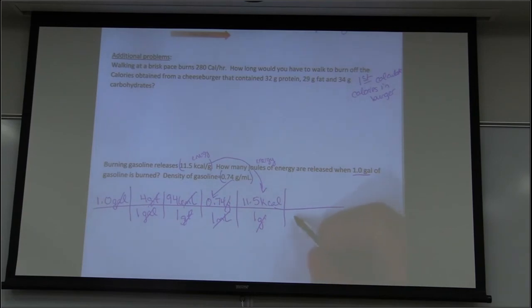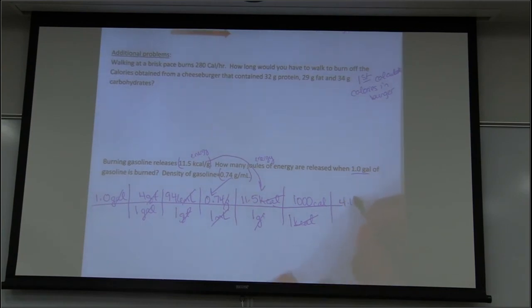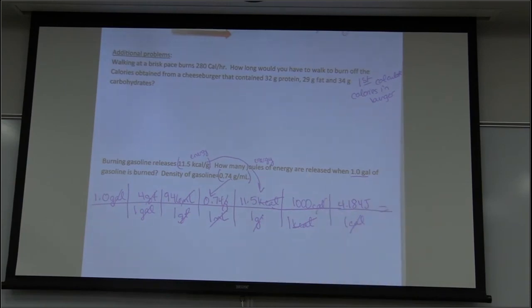And then what do we have? 1 kilocalorie is what? 1,000 calories. And what is the joule to calorie conversion? 4.184 joules per 1 calorie. So run your numbers.